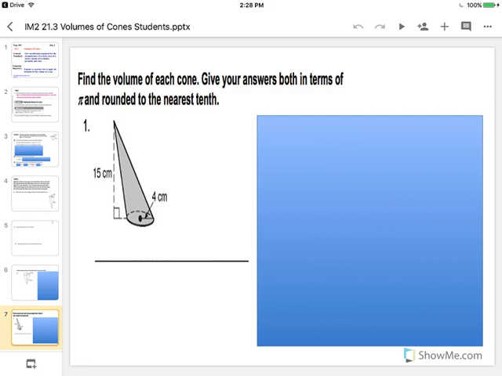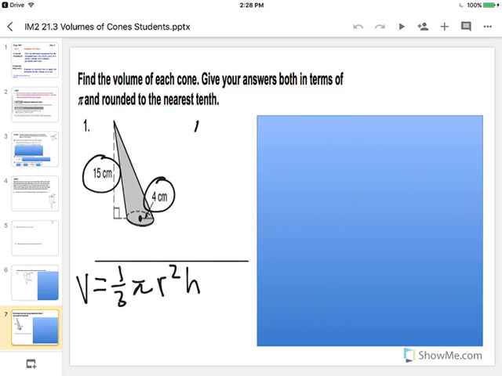Okay, and for number 1 example, find the volume of each cone. Give your answer both in terms of pi and rounded to the nearest tenths. Right, so even though our cone here is slightly slanted, the height is still 15 centimeters, and the radius is 4 centimeters. So the formula is that the volume equals 1/3 pi radius squared times the height.